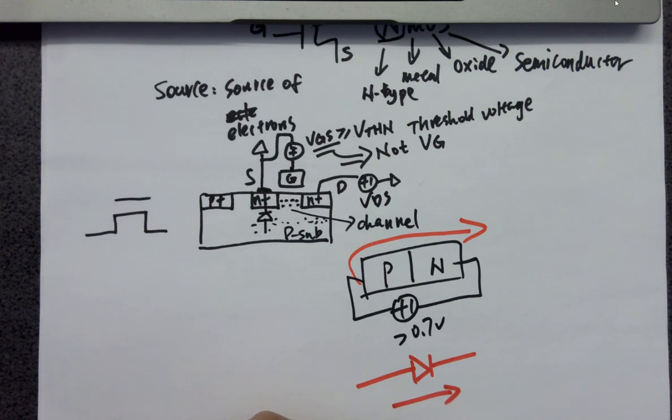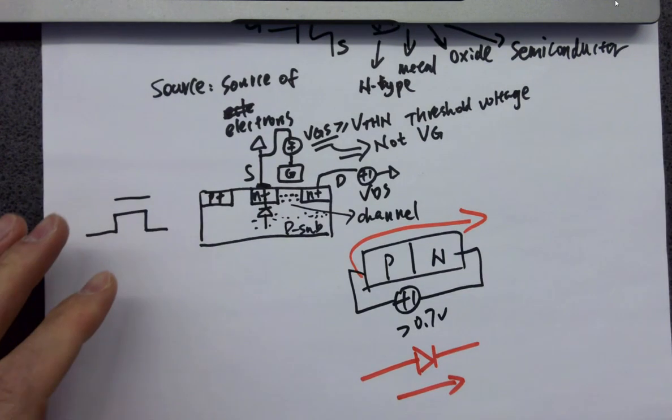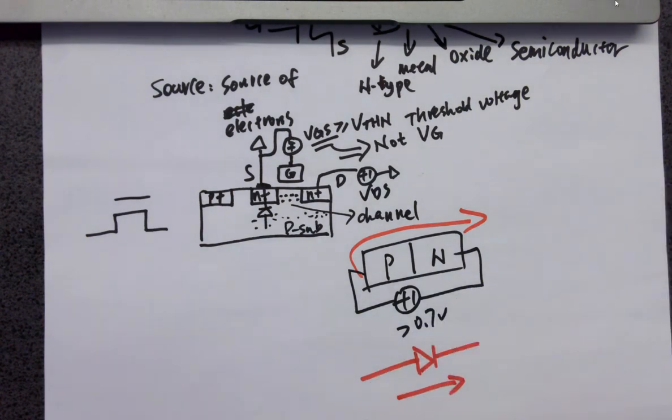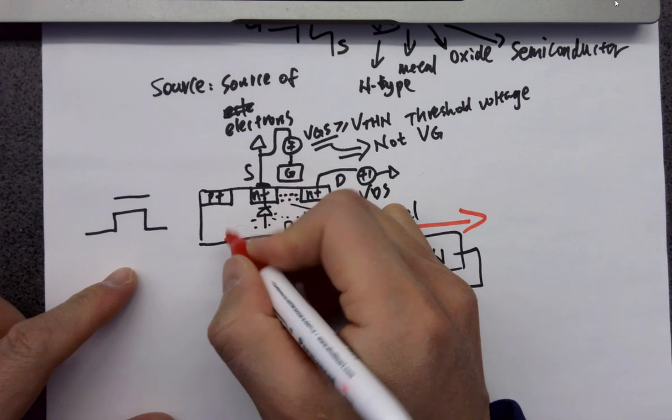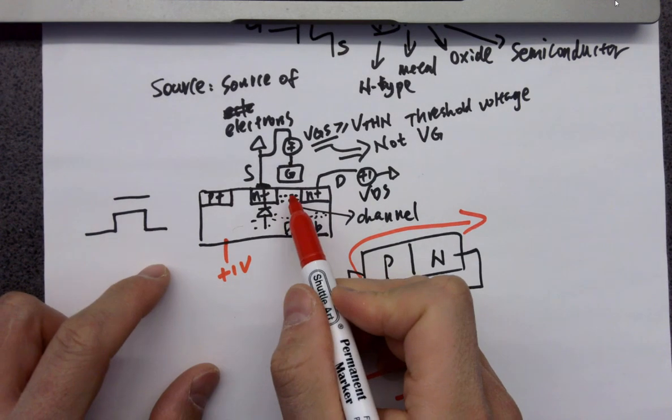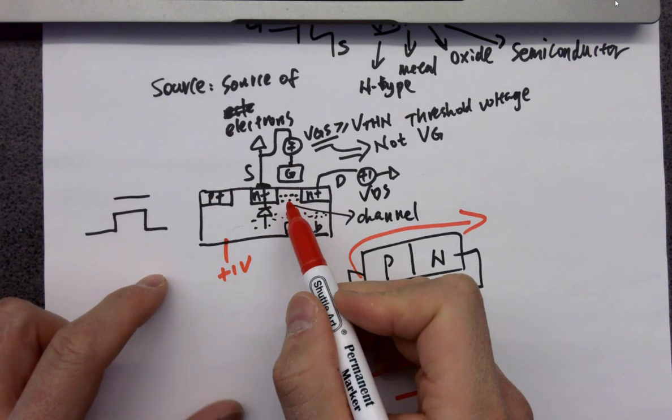Does that make sense? It's a super important concept. Can anyone explain this really quick to me? If I have a voltage to P sub, for example, 1 volt, and then you are having a higher threshold voltage, why?